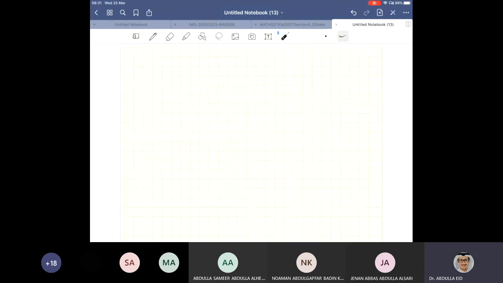For the next page, I'll just remind you of my final answer, which is, let me write it here. It was 9/2 theta minus sine theta cosine theta.